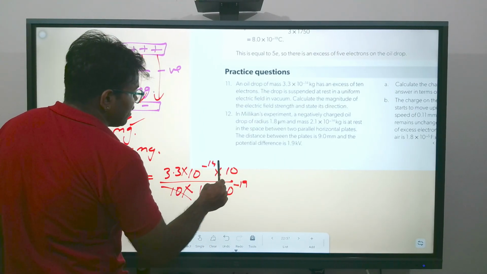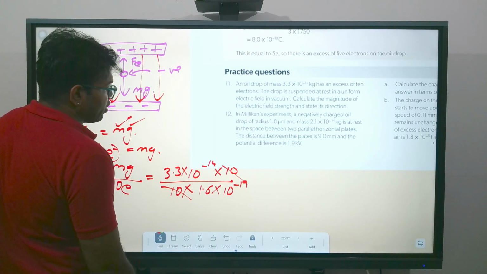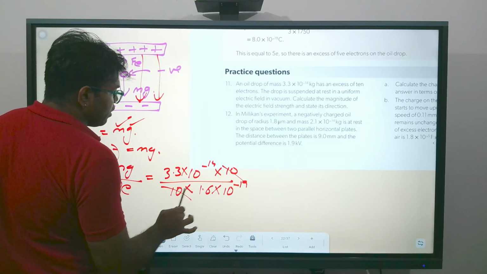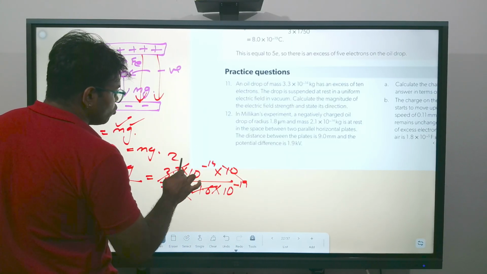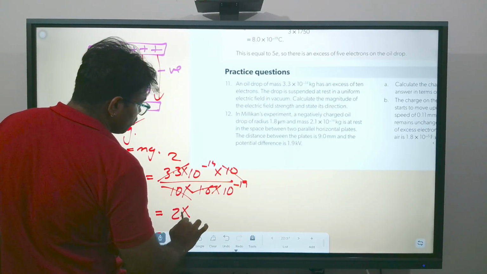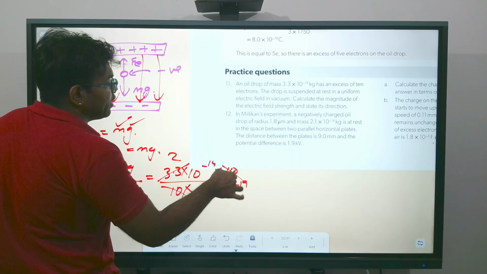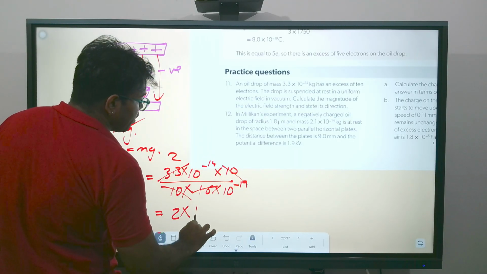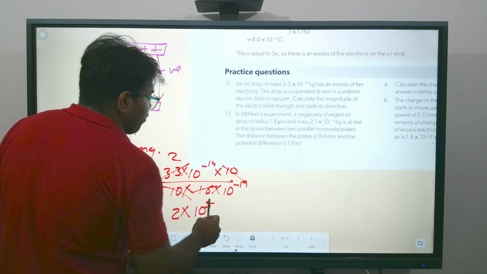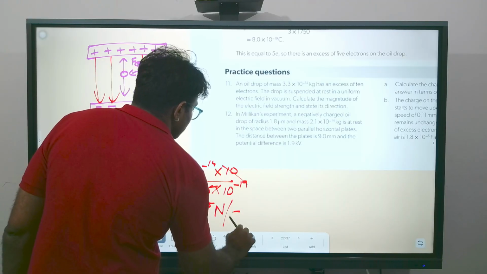Okay, so this 10 and this 10 get cut off. This 19 when it goes up, 16 twos are 32 approximately. So 2 into 10 to the power minus 14, and this 10 to the power minus 19 goes up, it becomes 10 to the power of 5. The electric field is 10 to the power 5 newtons per coulomb.